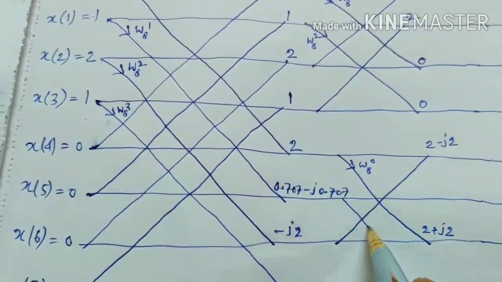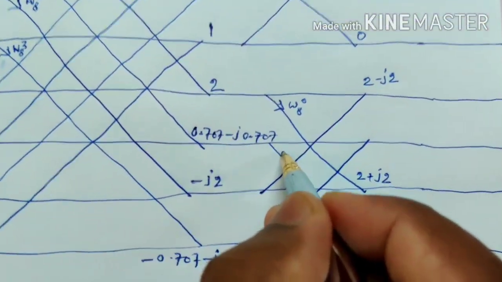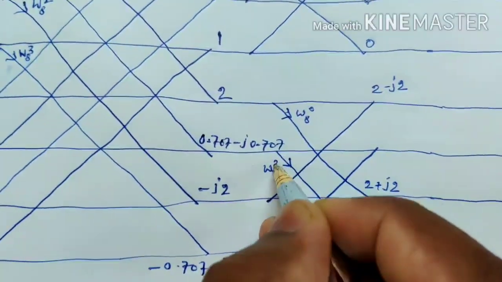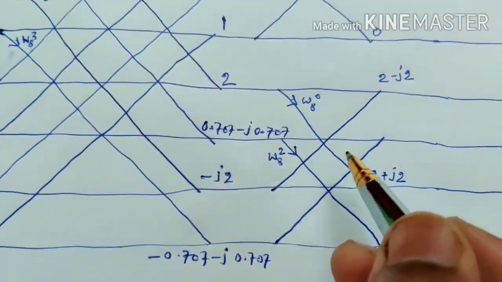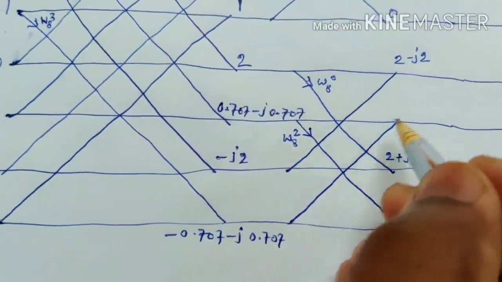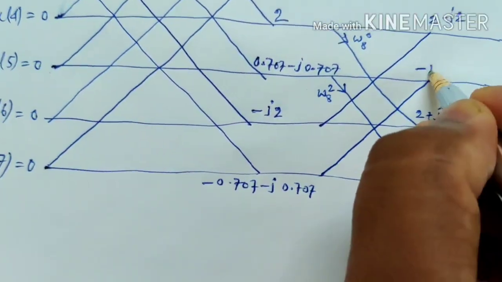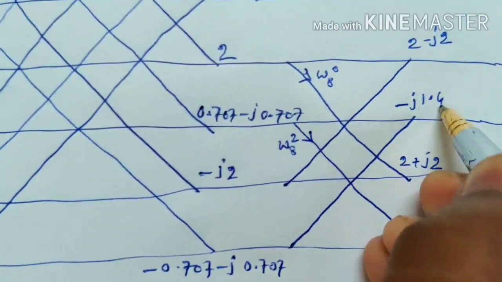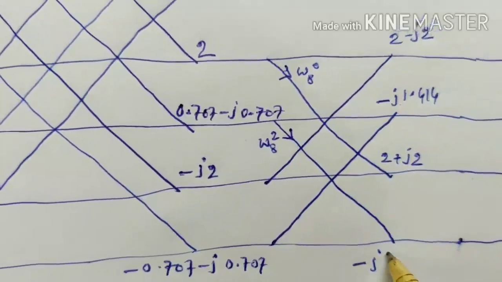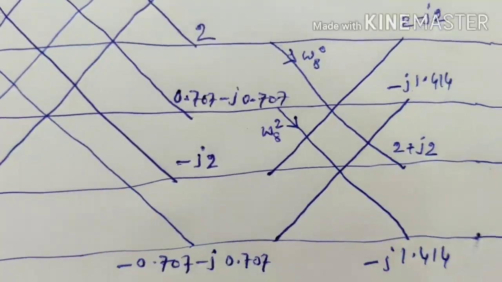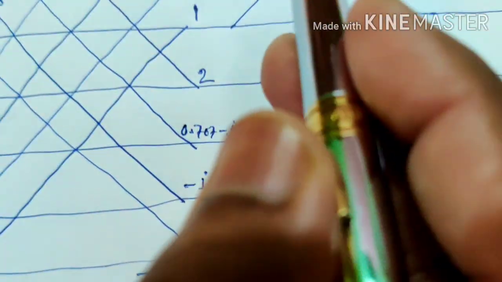Similarly, the twiddle factor is omega 8^2, that value will be minus j 1.414, and that value will be minus j 1.414. So this is the stage 2 operation.